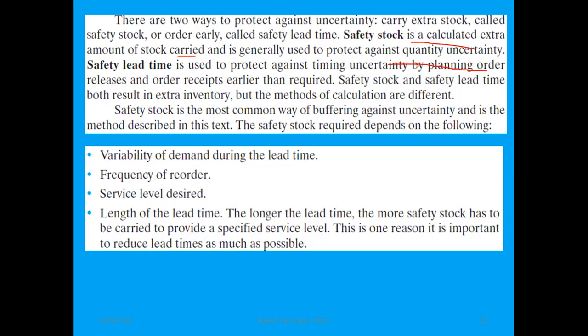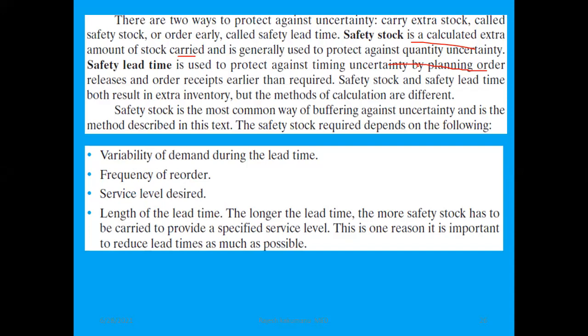So safety stock and safety lead time both result in extra inventory, but the methods of calculation are different. Safety stock is the most common way of buffering against uncertainty and is the method described in this concept.